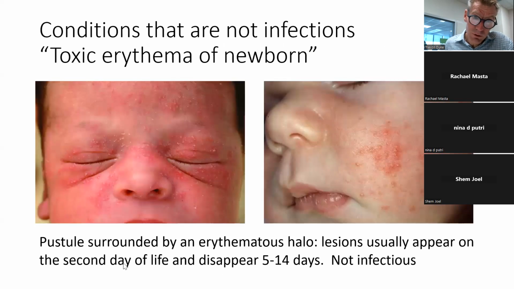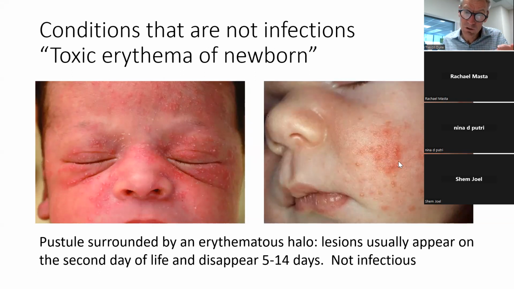So, for example, this is called Erythema toxicum. It's very common in newborn babies, and we might look at it and say, oh, it's probably a staph infection, but actually it's not an infectious disease. It's not infective at all, and you can see some little pus. There's not a lot of pus in any of them.